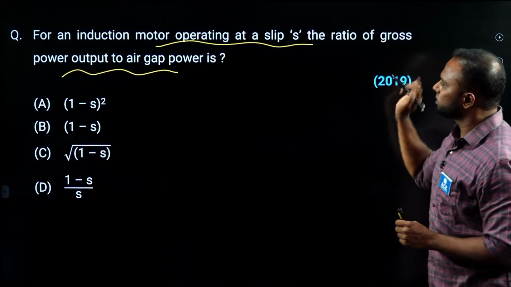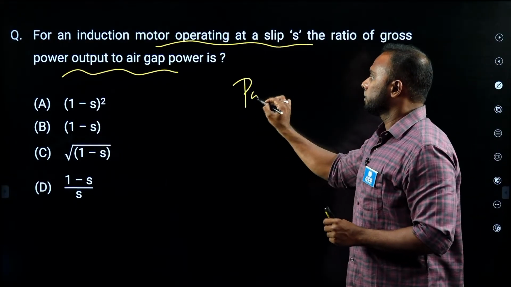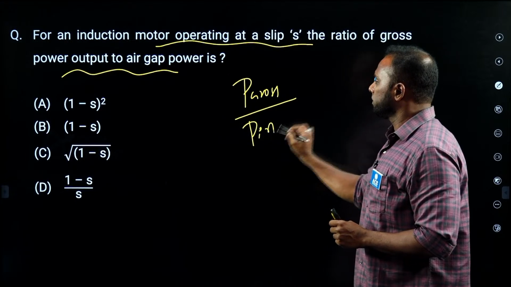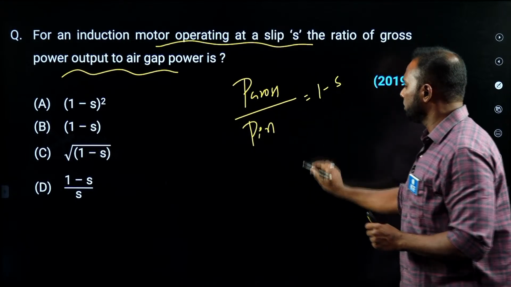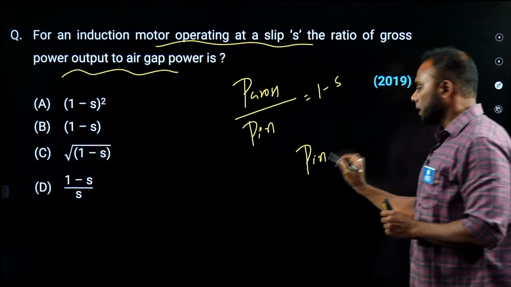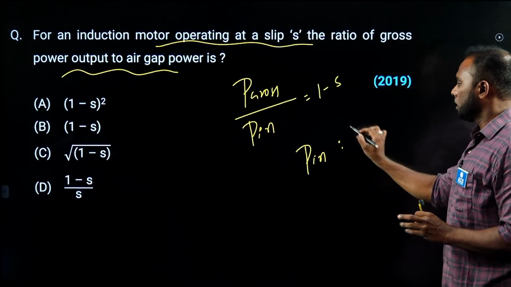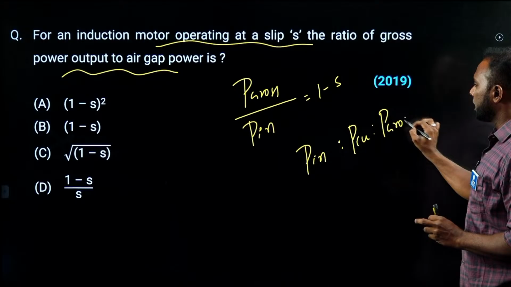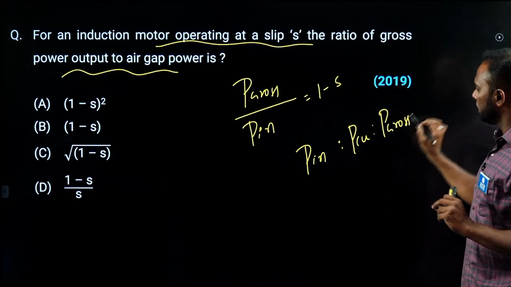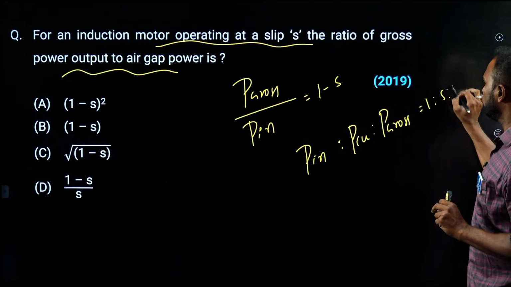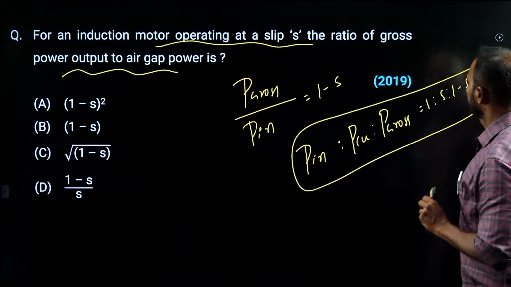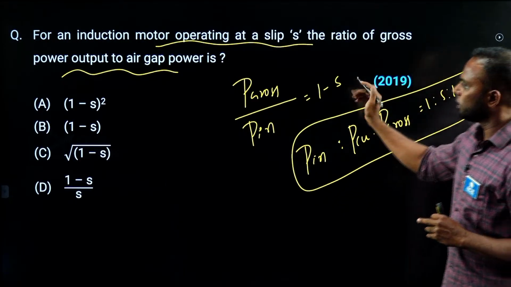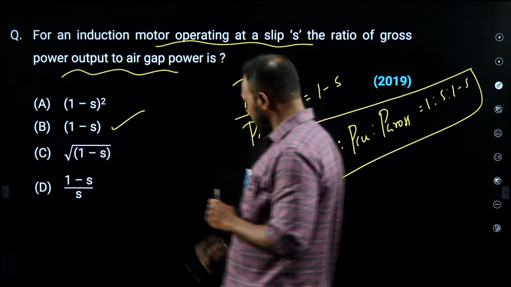The ratio of gross power output, P gross, to the air gap power or rotor input power, what is the relation? 1 minus S. Remember, rotor input power or air gap power is to rotor copper loss is to gross mechanical power or rotor output power. The relation is 1 is to S is to 1 minus S. So any two relations they may ask you from these. So the answer is 1 minus S.